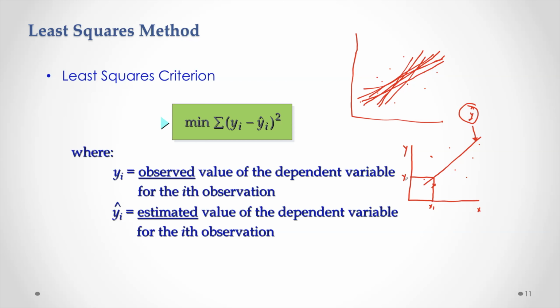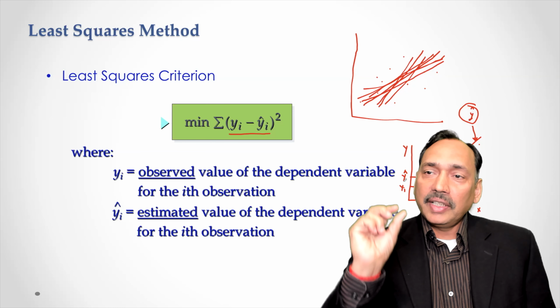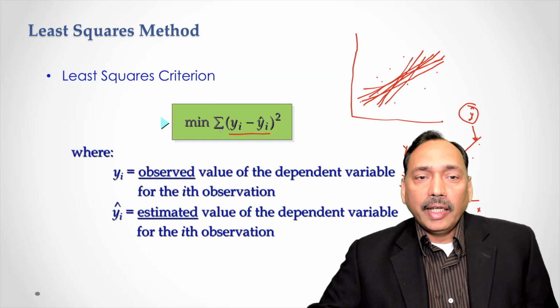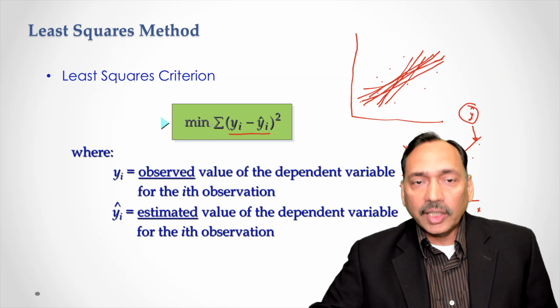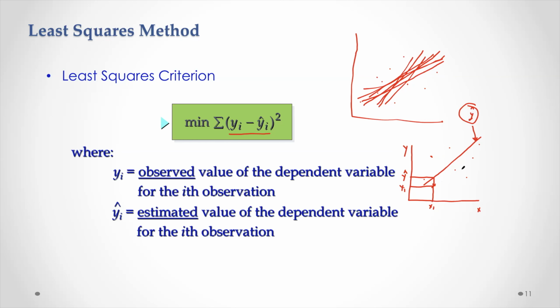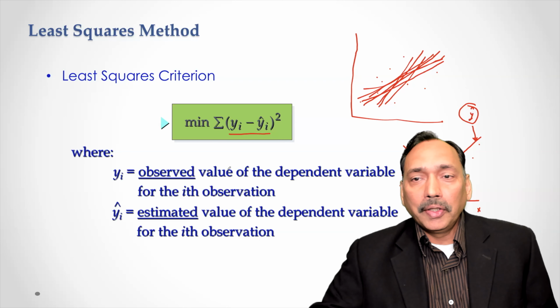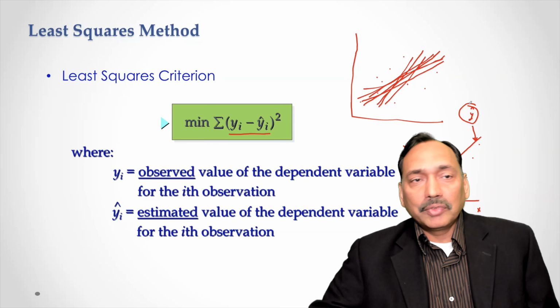So the difference between the actual and the predicted value, this is y hat, which comes from the line, and this is yi. When you take the difference between the two, that's the gap or the error part. And the least squares method basically says if we minimize the total of these squared errors, so you take this distance for each and every data point, and if you are able to minimize it, that line is the best line. So that's the line of best fit.